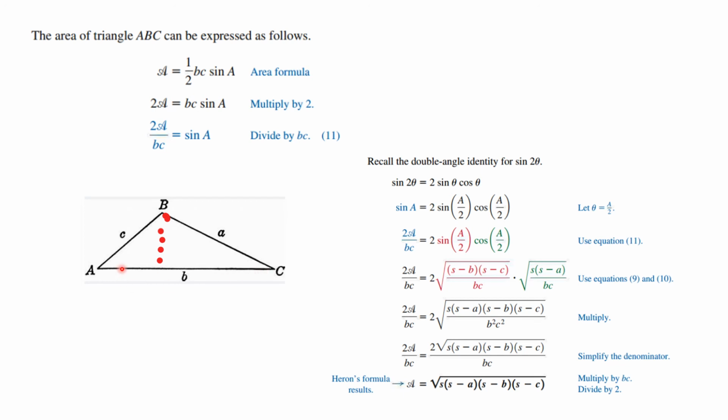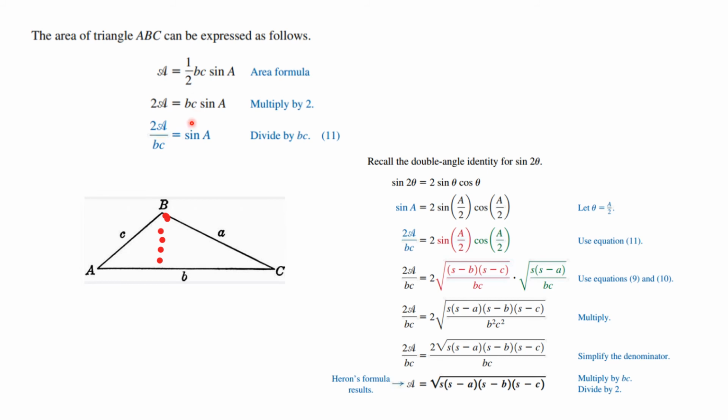Here the base is b, A is the angle in between, and this is a 90-degree angle, so this side is going to be the sine of A times c. So 1/2 the base, that's 1/2 of b, times the height, which is c times sine of A. So the area is 1/2 bc sine of A.